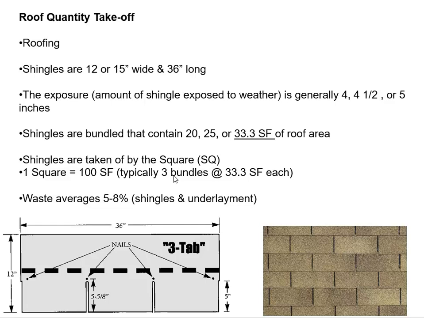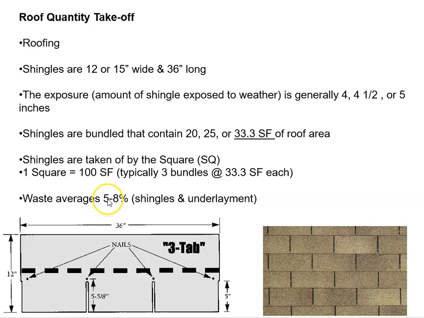So if we had a roof with 10 squares, we would multiply that 10 squares by the 3 bundles, and we'd say that there are 30 bundles. So there is some waste with roofs. Yes, when we get to the edge, we often have to cut shingles. So 5 to 8%. 8% sounds a little high. If you do a careful takeoff, I would say that's a little on the high side.